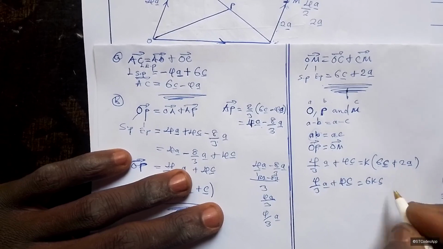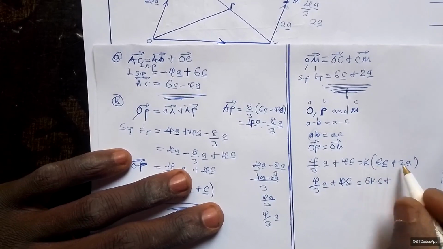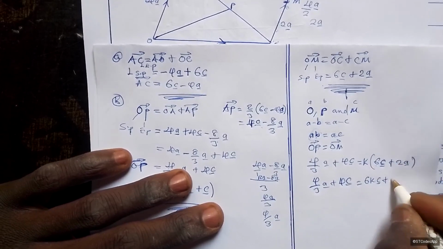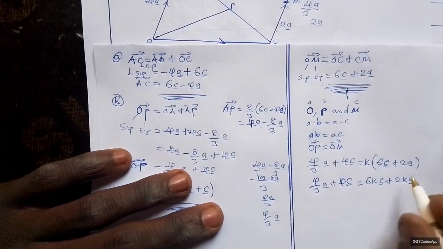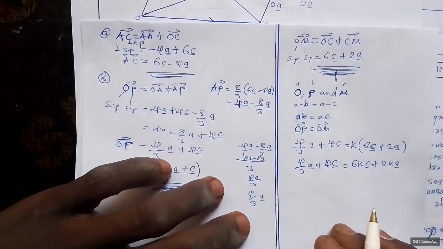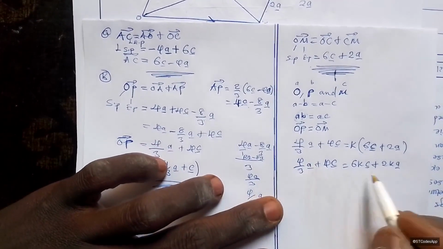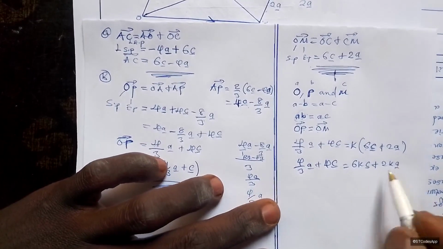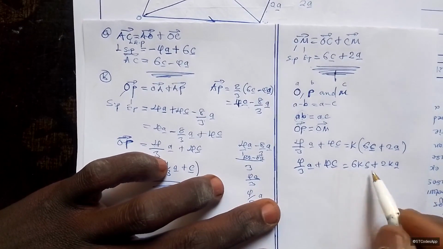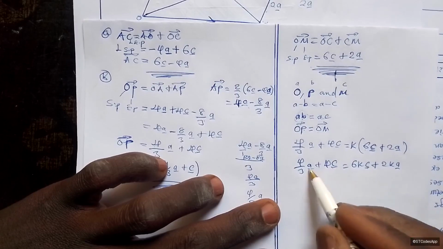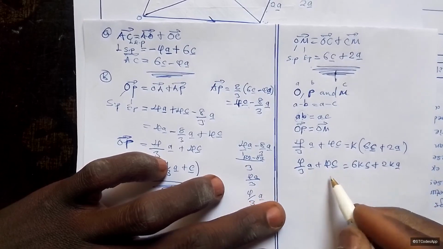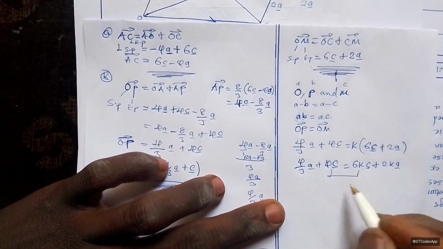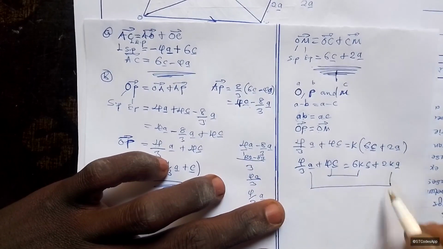So similar to this one here, I'm going to say plus K multiplied by 2A vector, I'm going to say 2K A vector. Now as you can see here we are having A, even here we are having A. Here we are having C vector, even here we are having C vector, here A vector, here A vector. So this one here is going to go with this one, even this one here is going to go with this one here.